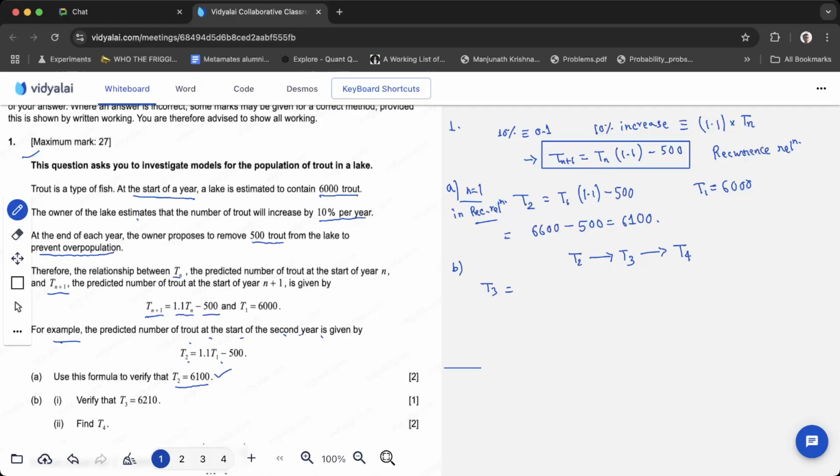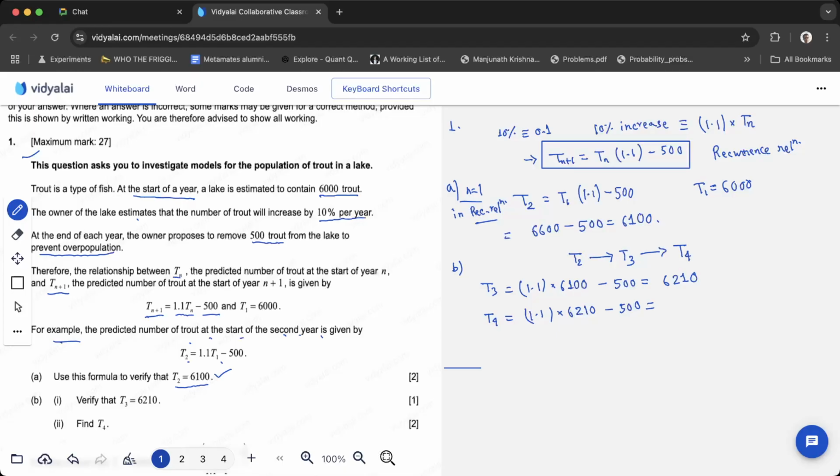T3 would be 1.1 times 6,100, which is T2, minus 500. If you evaluate this, you would get 6,210. T4 is 1.1 times T3, which is 6,210, minus 500.